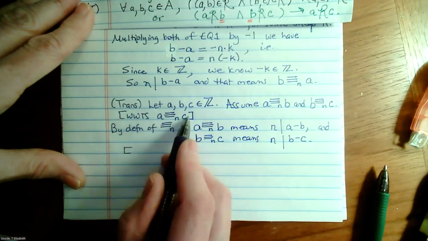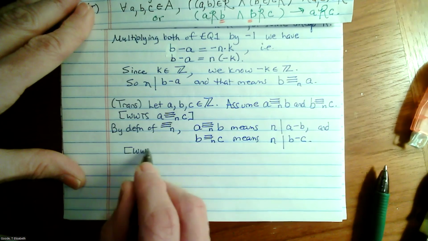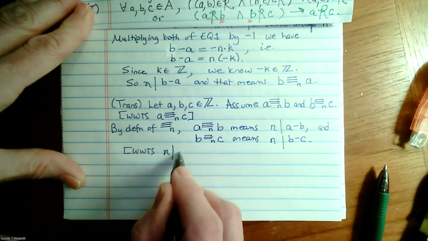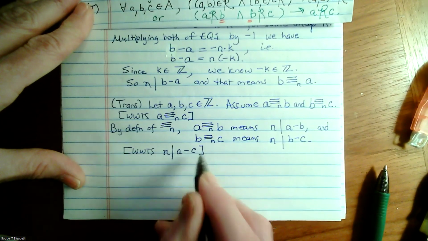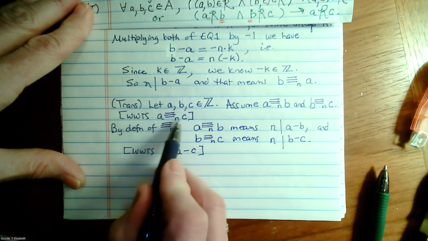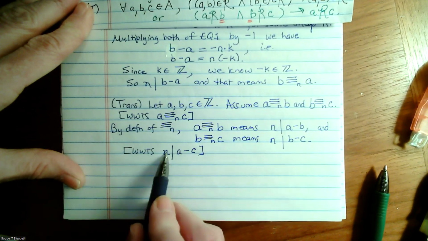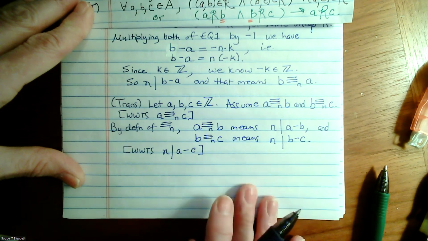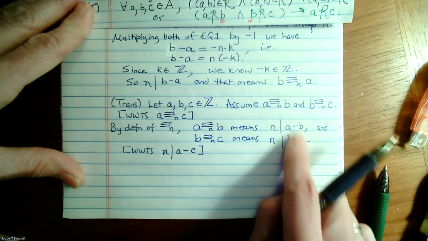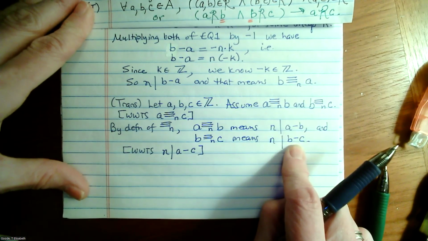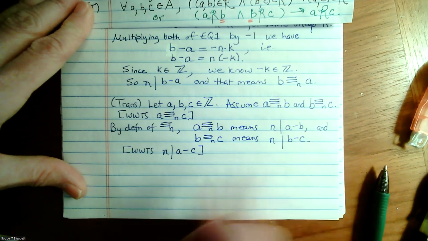Well, if we want to unpack our wish, what we wish to show is that N divides A minus C, because that's what A congruent to C mod N means. It means N divides A minus C.